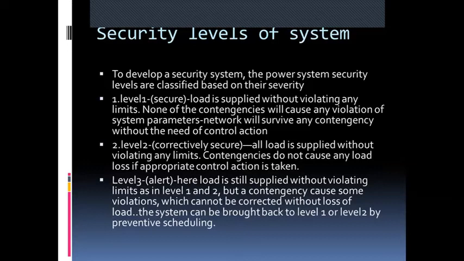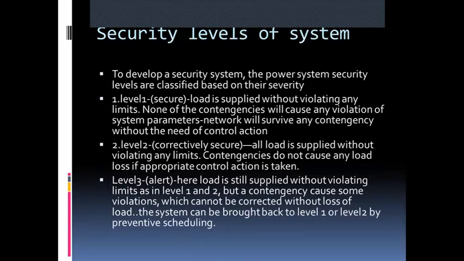Whereas level 3 is the alert state. Here the load is still supplied without violating limits, as in level 1 and level 2, but a contingency causes some violations. Contingency means there is a loss of either a generator or some transmission equipment. It causes violations which cannot be corrected without loss of load.